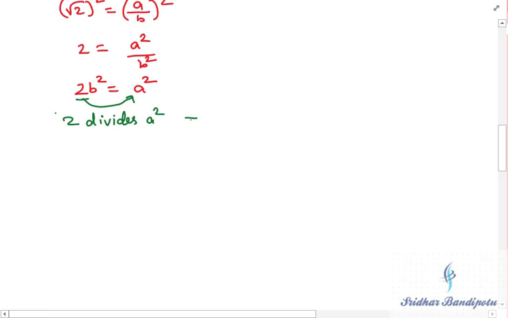If 2 divides a squared, from the third theorem we can say that definitely 2 divides a. If you are writing 2 divides a, what is the meaning? 2 is one of the factors in the prime factorization of a.